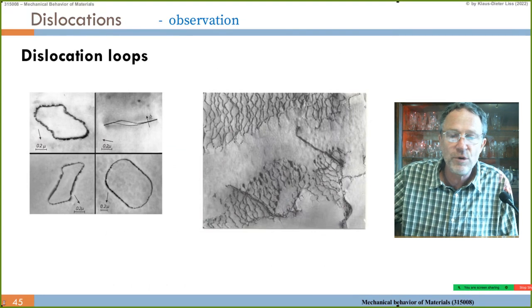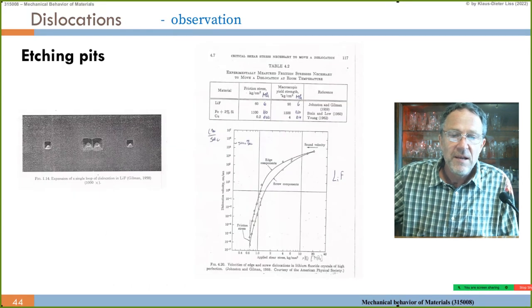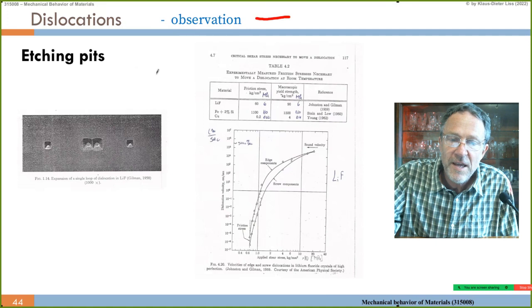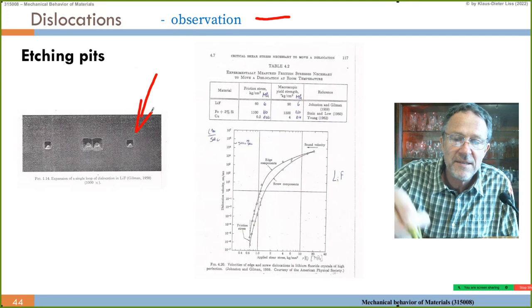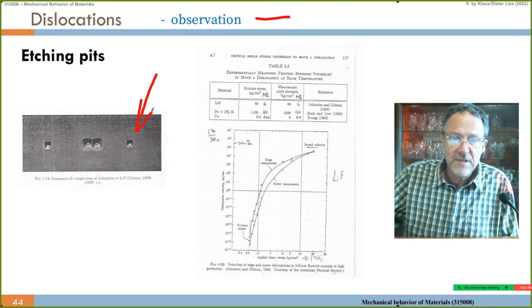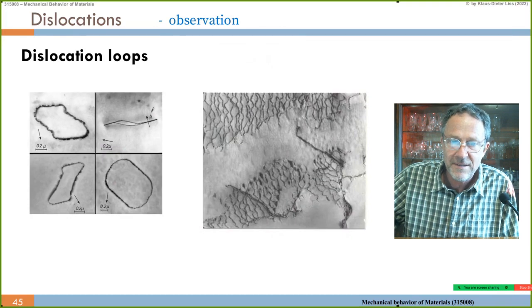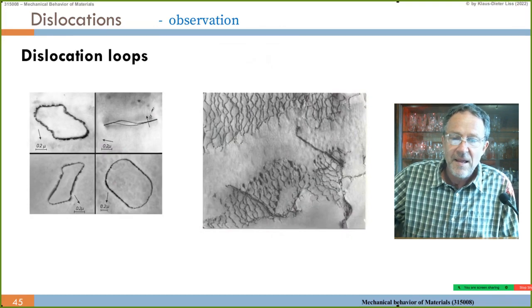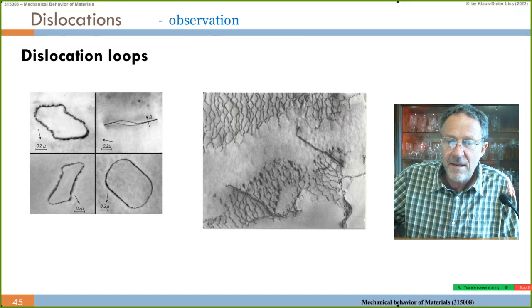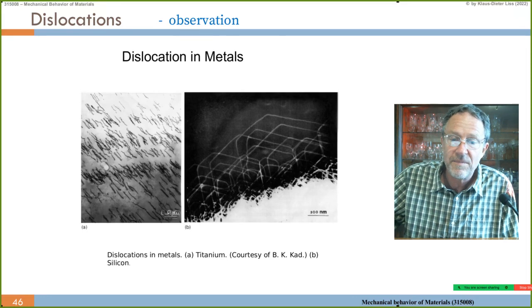Right, then I introduced the observation of dislocations. I introduced etching pits at the surface. You can etch the surface and get these pits. These are observations of dislocation loops by electron microscopy.